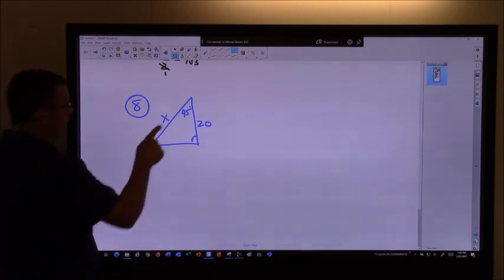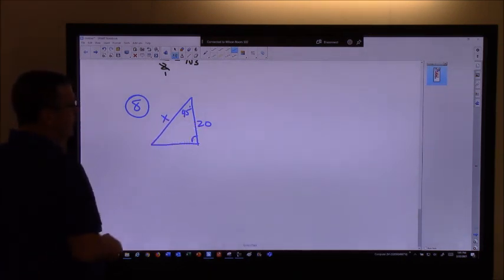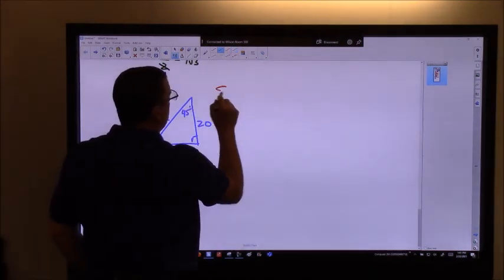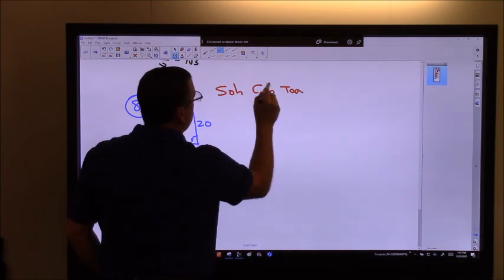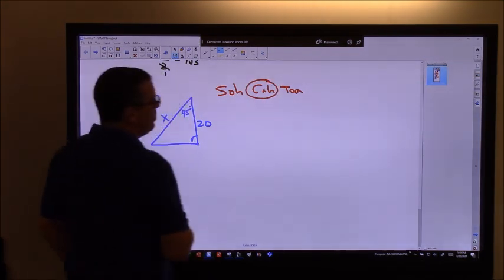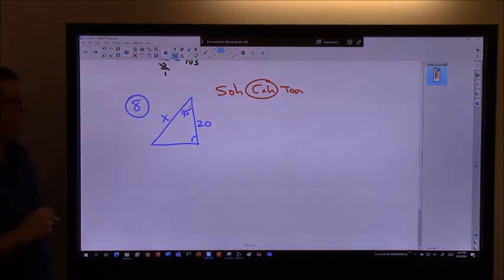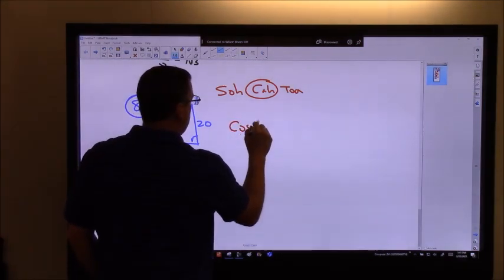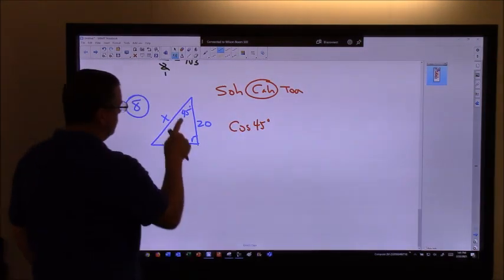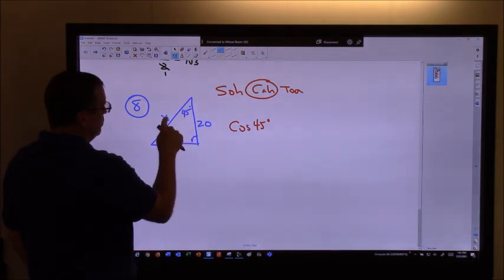All right, so if that's adjacent and hypotenuse, if I think SOH-CAH-TOA, we're using adjacent and hypotenuse. So we're using the cosine this time. So the cosine of 45 degrees equals adjacent over hypotenuse.